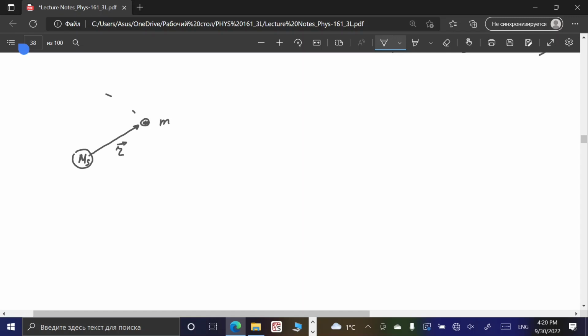This is our circular trajectory. And this is the velocity vector. So what will be the total mechanical energy? E will be equal to kinetic energy plus potential.